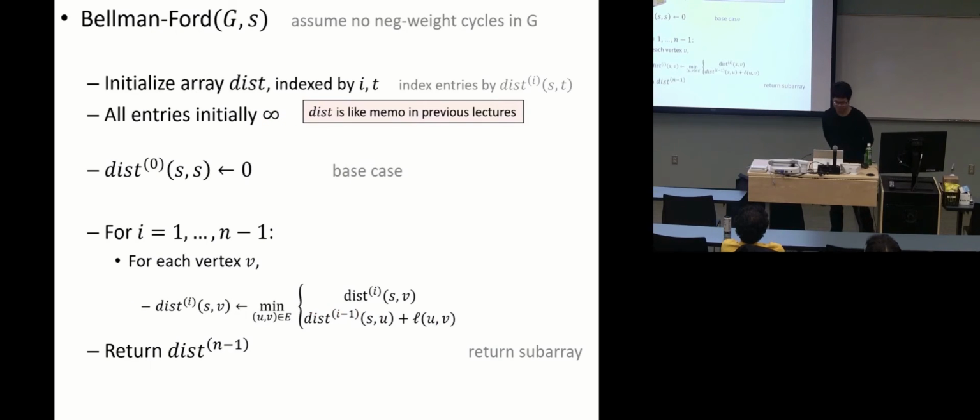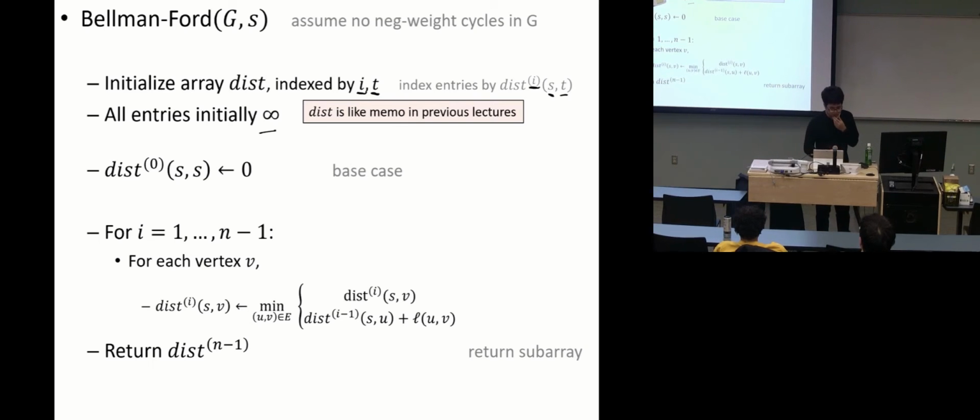So, okay, once you see that, we're kind of done with the first step: we get a recursive equation with a small number of subproblems. Now just create a table and fill in the table, right? Always like this. The table that we're going to create is called this instead of memo because it has meaning here. The entry i and t will store the i-hop bounded distance from S to t. Let's say that we initialize everything to be infinite.